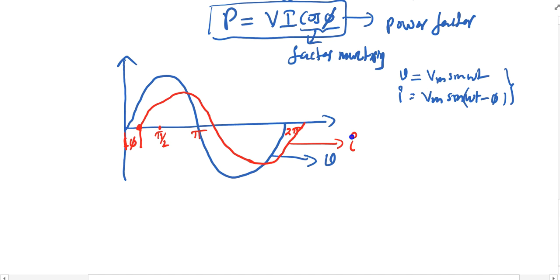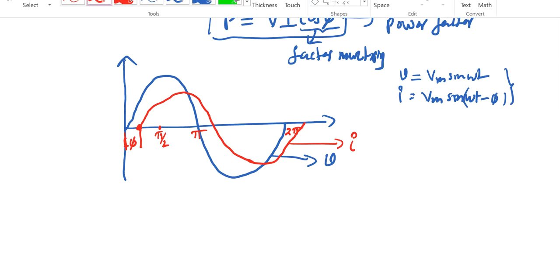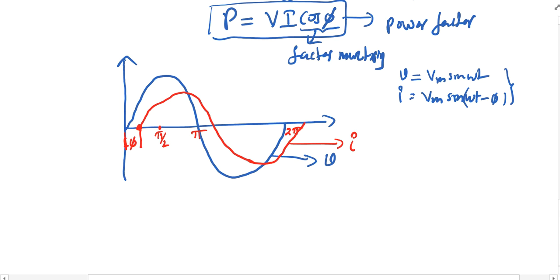Now I want to write the instantaneous power here. If you see, my current is going in the negative direction as well. At this moment only the current is in the negative direction but my voltage is in the positive direction, so the product of these two gives power in the negative direction.